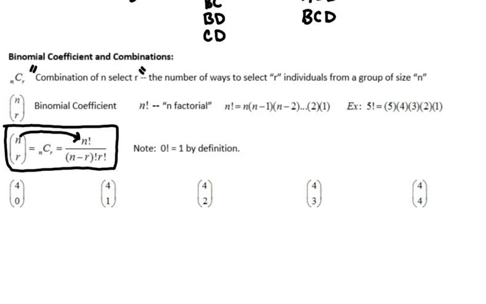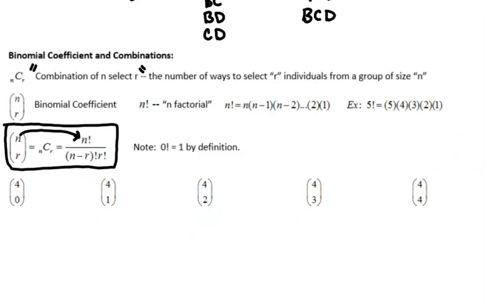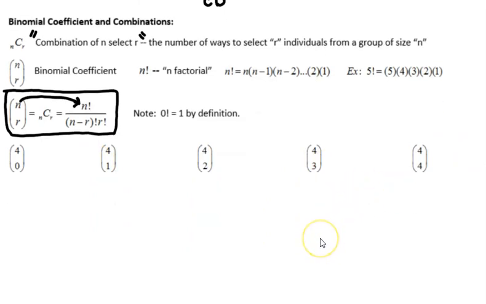Notice n shows up in the numerator, r shows up in the denominator, and also n minus r. So we have two things in the denominator, r and n minus r, and n in the numerator, all with factorials after them.